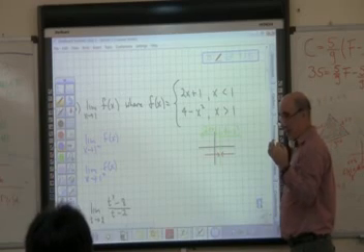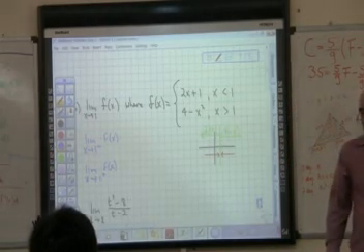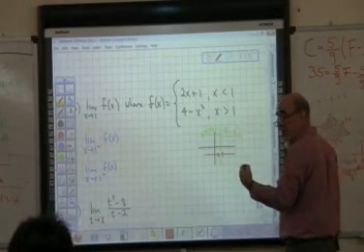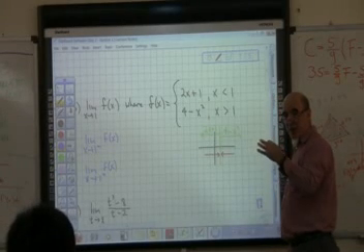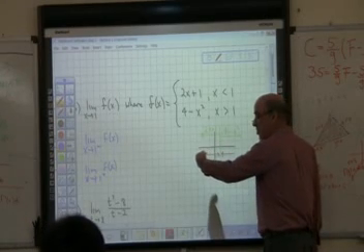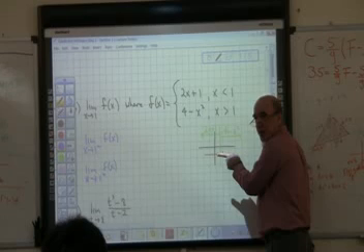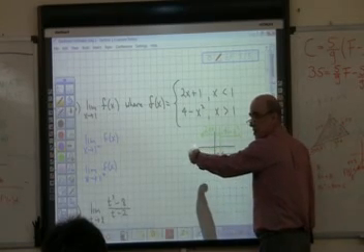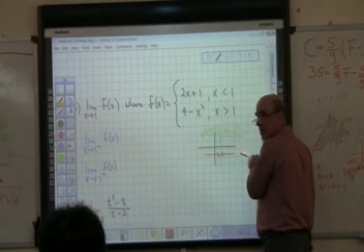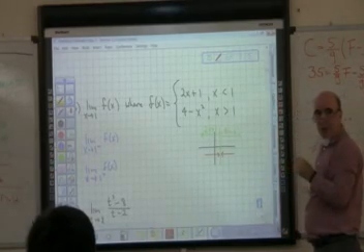So, just like my regular strategy, the first thing I want to do is try direct substitution. It's a normal strategy. The difference between this and the other types of problems we've seen is that my direct substitution is going to be into one function here, and into a different function here. I'm going to be directly substituting into 2x plus 1 here, and I'm going to be directly substituting into 4 minus x squared here.